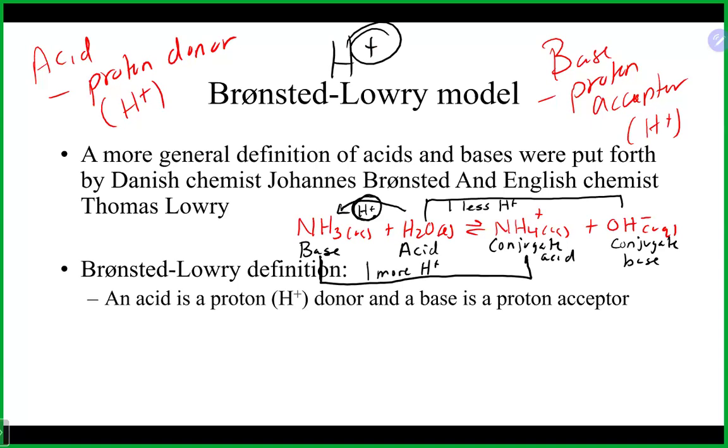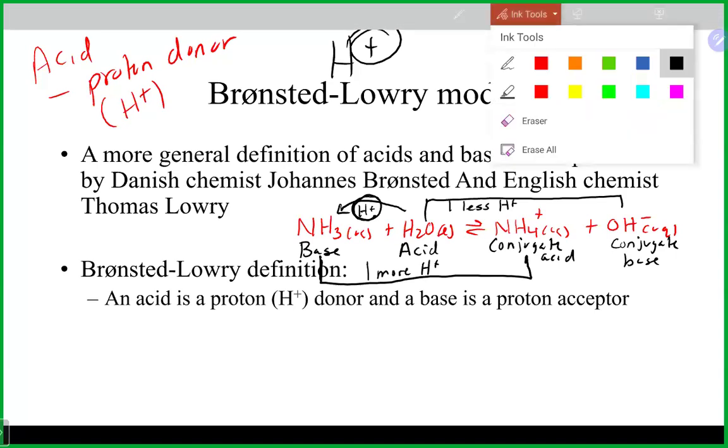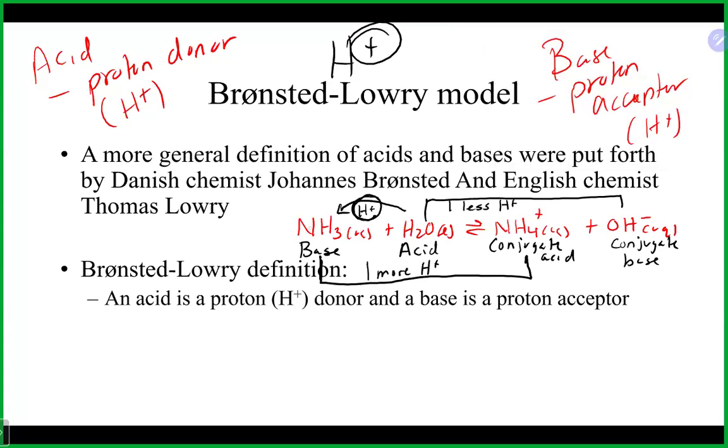If you gain a positive charge, you now become one more positive than you were before. And we could see that if you just compare the difference between NH3 that gained the H, it became NH4 plus. It was neutral and it also became one more positive. So the charge changes as well as you go between conjugate pairs.